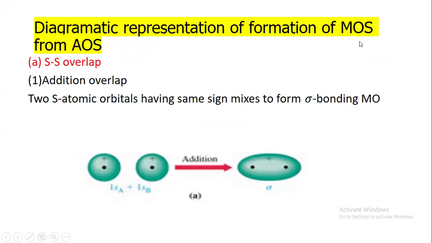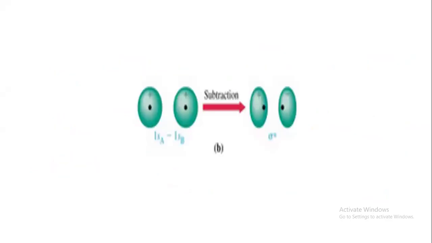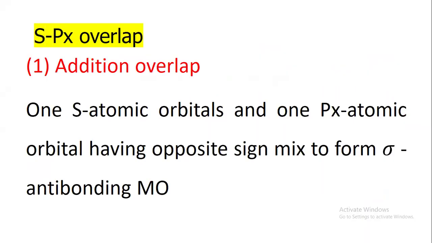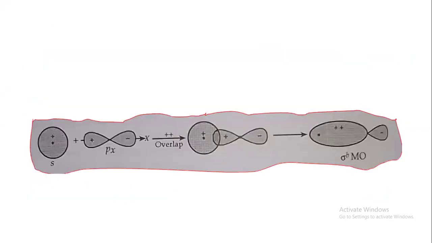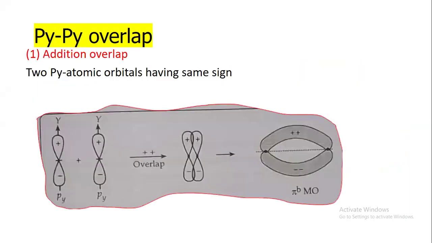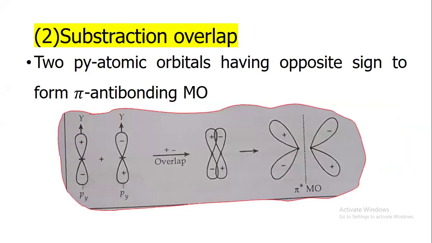Diagrammatic representations of formation of molecular orbitals from atomic orbitals: SS overlap, subtraction overlap, SPX overlap, addition overlap, subtraction overlap, PY overlap, addition, and PX, same sign, subtraction.